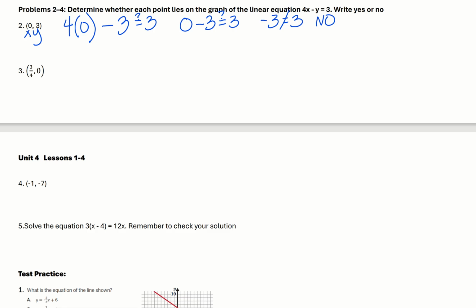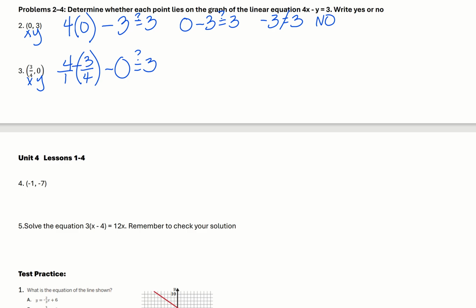All right, number 3, we're going to use 3/4. Again, this is x, this is y. Same exact equation. I'm going to go 4 over 1, because I need to input a fraction, so I want to multiply by a fraction. And then I'm going to subtract 0. I'm not so worried about that being a fraction because it is 0. And I want to know, is that 3?